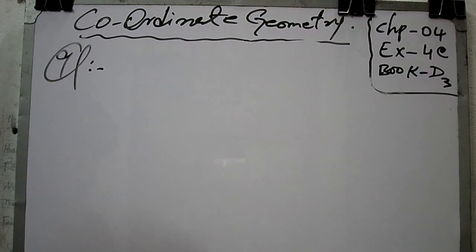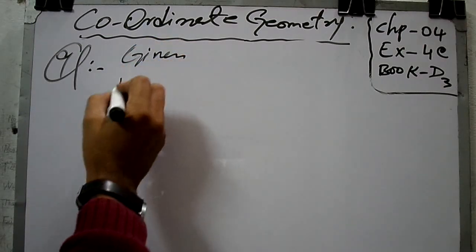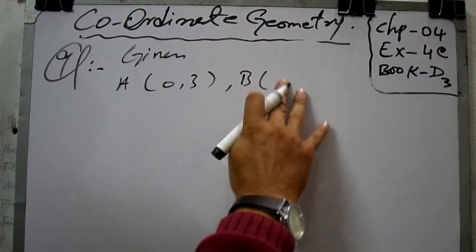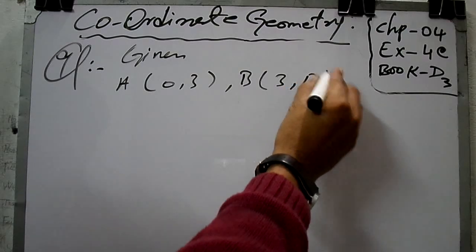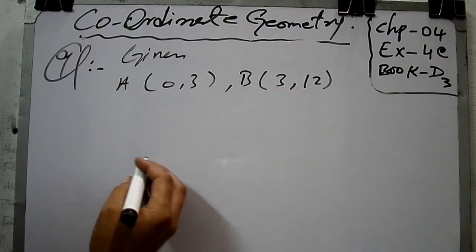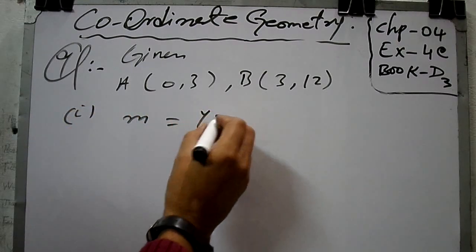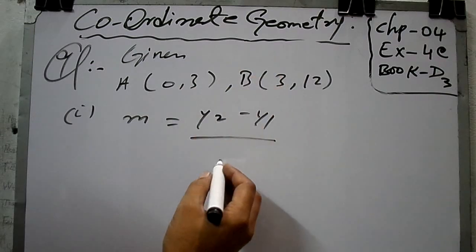A straight line passes through the points A(0, 3) and B(3, 12). Write down the gradient and equation. And B, the line x equal to 3 is the x-axis symmetry of triangle ABC. Find the coordinates of C. Okay, we see that the given points are A(0, 3) and B(3, 12). In the first step we have to find the slope, y2 minus y1 over x2 minus x1, because 2 points are given to us.